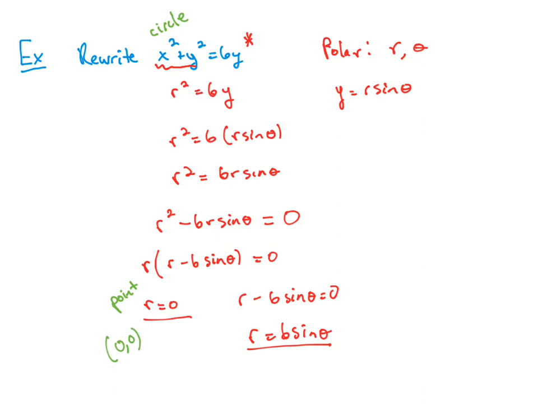So we don't really need to consider that. And then r equals 6 sine of theta is the equation, and if we were to graph this, this would also give us a circle. Now the question is, why does this give us a circle? So let's come up with the graph of what that looks like.